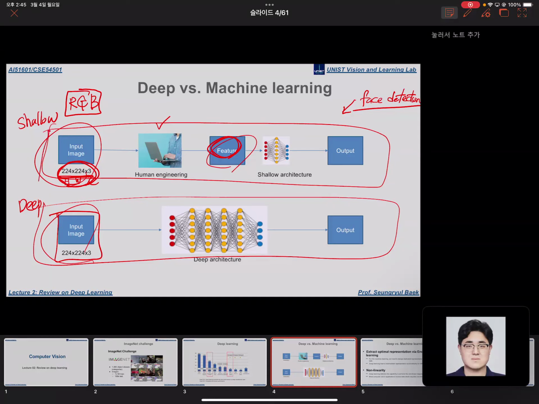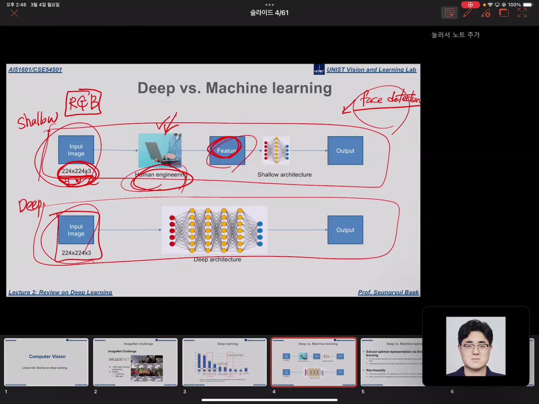So we humans have to engineer which features might be important for each task, right? And we have to develop some feature extraction method by human engineering.